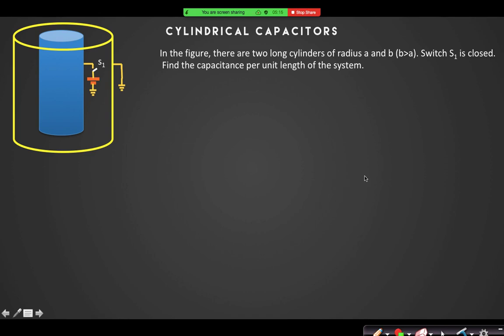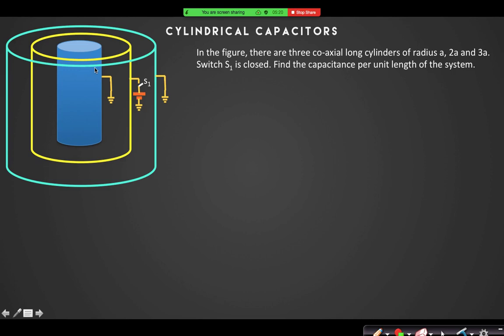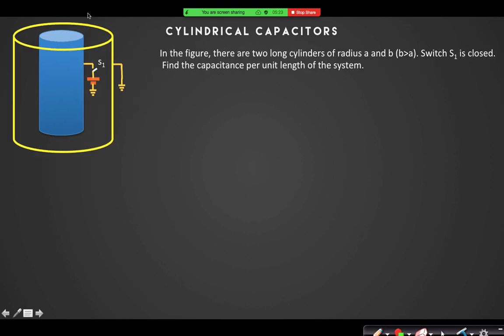Cylindrical capacitor, yes. Look, I have closed that switch. As I have closed that switch, the battery of potential V will send some charge on the inner cylinder. Now you can assume the charge to be lambda per unit length, right?